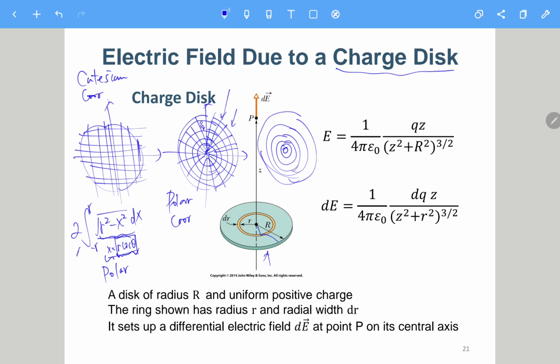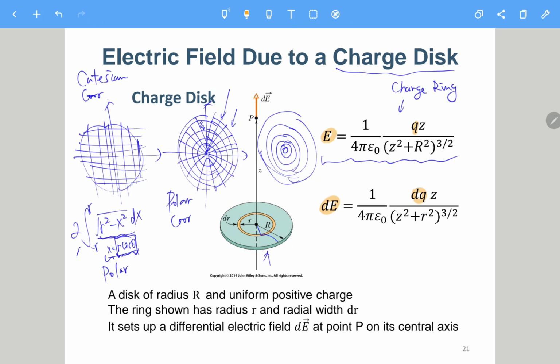So we can make use of the result for the charge ring to simplify our calculation for the charge disk. So we will make use of the expression for a charge ring. Here we consider a ring to be a small part of charge, so rather than Q, we write dq, and the field becomes dE.